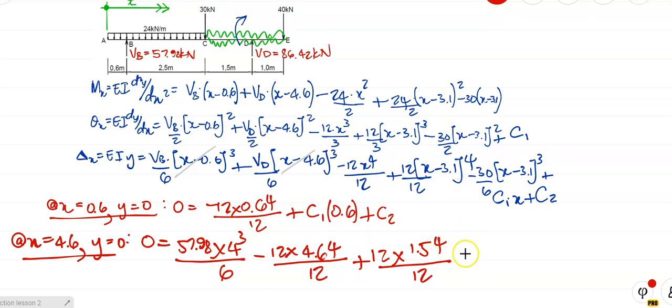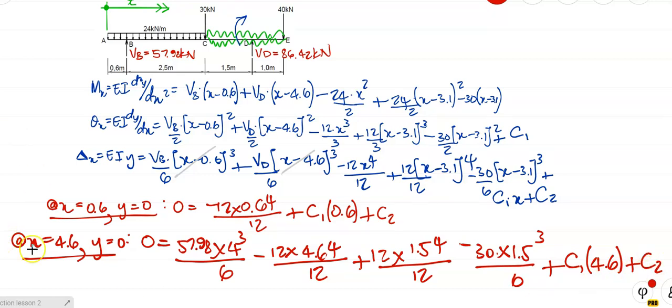Yeah, I think it's correct. And minus 30 times 4.6 minus 3.1, which is 1.5 to the power 3 over 6, plus C1 times x, which is 4.6, plus C2.